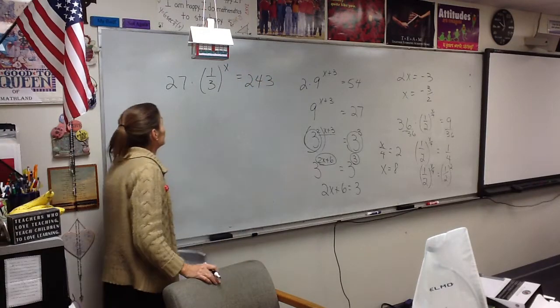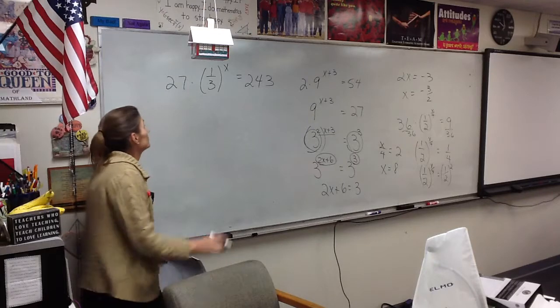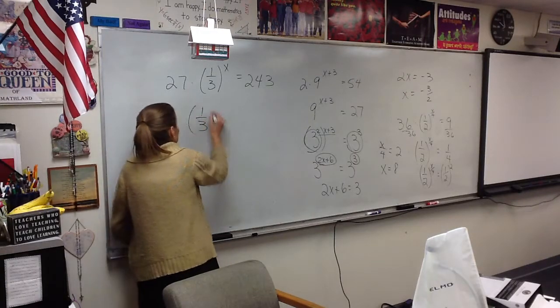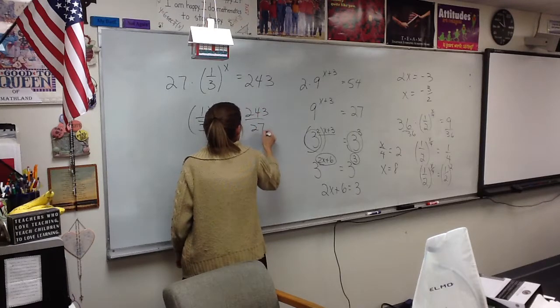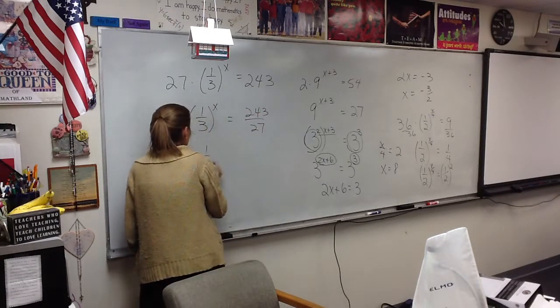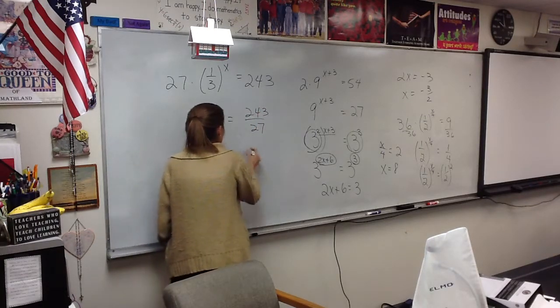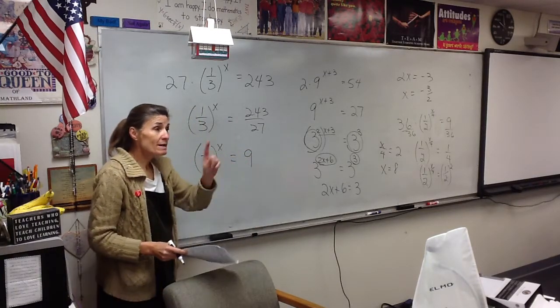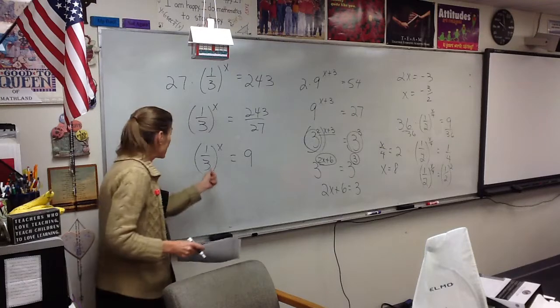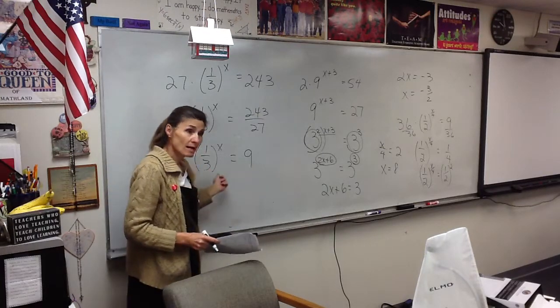Okay, divide by 27. Somebody with a calculator. 1/3 to the x equals 9. Now, stop. What do I need to have happen? I need to have these numbers match, right?